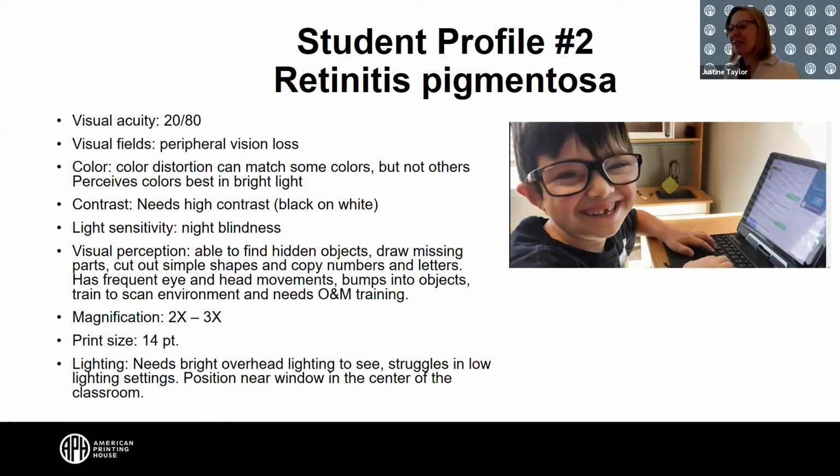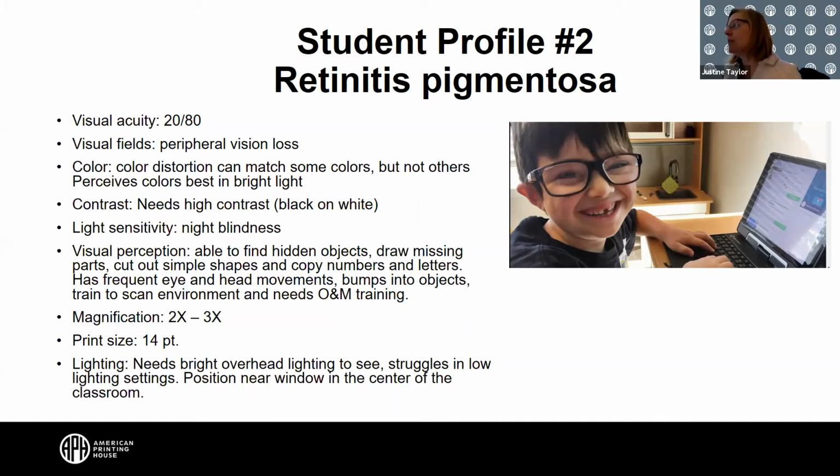Our next student profile is of a student that has retinitis pigmentosa, which is known as RP. This is an inherited eye condition and is a slow, progressive deterioration of the retina and usually begins in the peripheral fields.